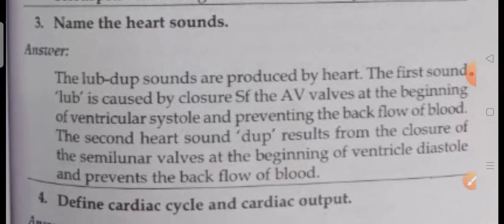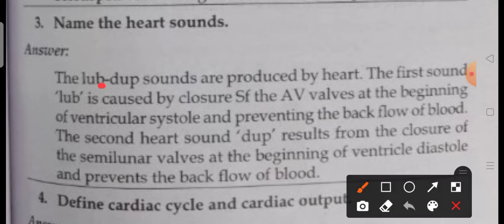Next, coming to the heart sounds: the lub-dub sounds are provided by the heart. It's clear? The lub-dub sounds can be heard at the heart, and they are produced by the heart itself. The first sound, lub, is caused by the closure of the atrioventricular valves at the beginning of ventricular systole, preventing the backflow of blood.